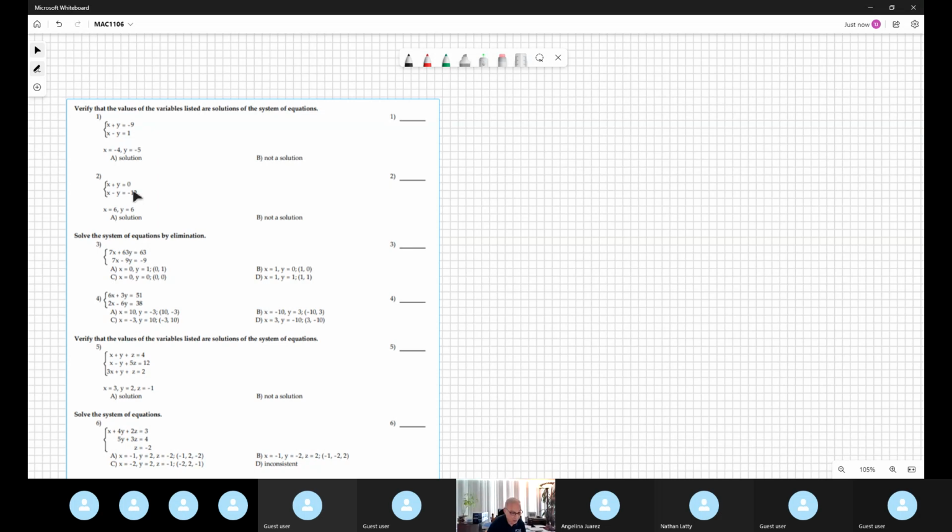But another possibility, which in my opinion is better, is plugging in the potential solution, x equals negative 4 and y equals negative 5, in each equation. And in order to say yes, it is a solution, you need to prove that the value satisfies both equations. So this statement must be true 2 times.